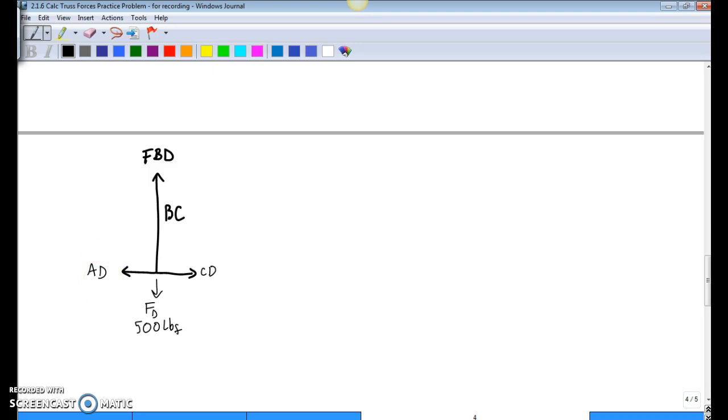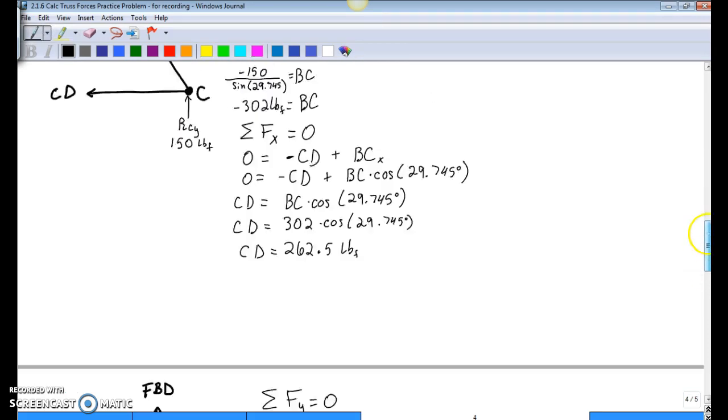But if you look at our joint D, if you sum our forces in the y direction and set them equal to 0, what you find is very easily that force of BD, that was supposed to be a D there. Let me just double check that.